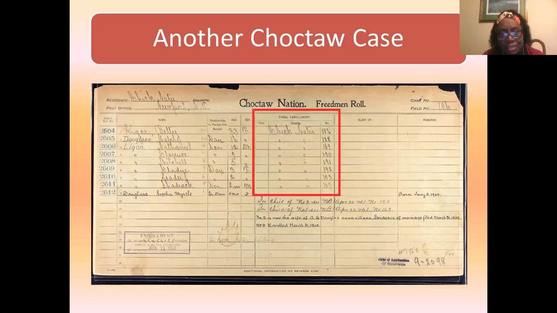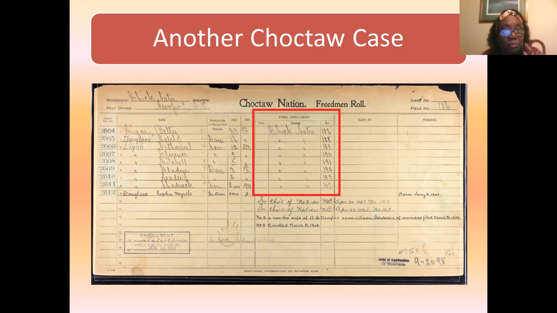Now you might look and say, wait a minute, I thought you said Chickasaw freedmen did not have that data filled out. They did not. Look at the top. She was Choctaw. She had been placed on a roll earlier and was living in the Chickasaw Nation, but she was Choctaw freedmen. So she was placed on a Choctaw record.